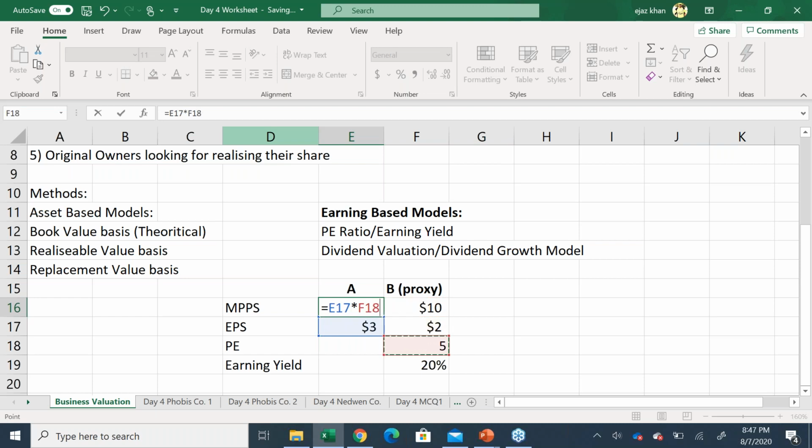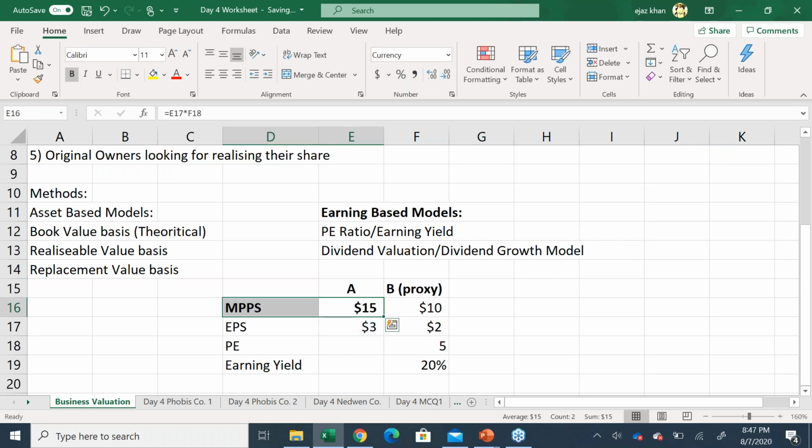The earning per share into 5, $15. So being a similar company to B company, we expect that the investors will pay 5 times its earning as a price. So we've got the price.